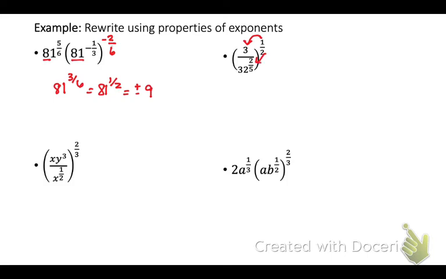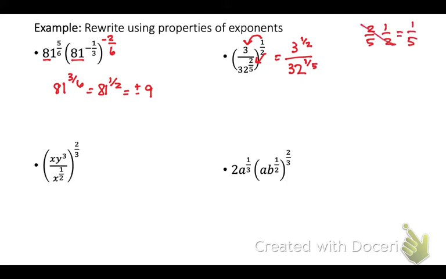So I'm going to have 3 to the 1/2 over 32 to the what? 1/5. How'd you get 1/5? 1 times 2 is 2, 5 times 2 is 10. Or you could have 2/5 times 1/2 and the 2's reduced, correct?